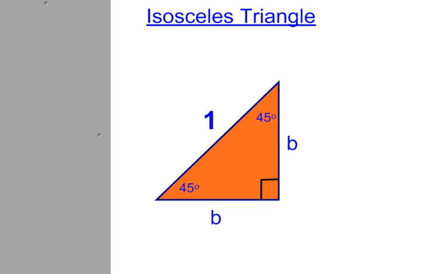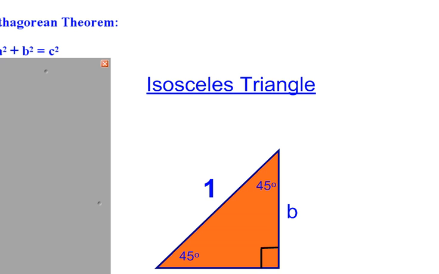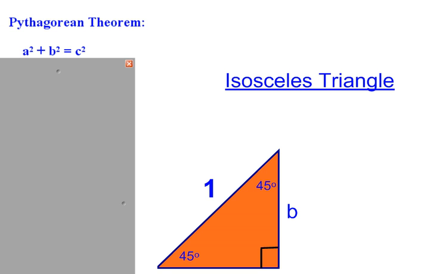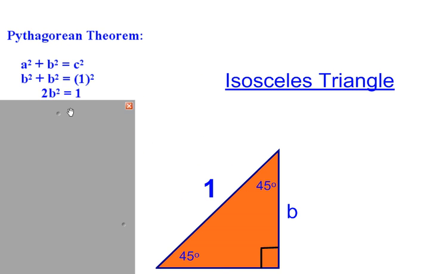Now if we look at our isosceles triangle, we can use the Pythagorean theorem in the same way that we did for the other triangle. So we have a squared plus b squared equals c squared. In this case, both sides are equal, so I can call this side b as well. b squared plus b squared is equal to 1 squared.